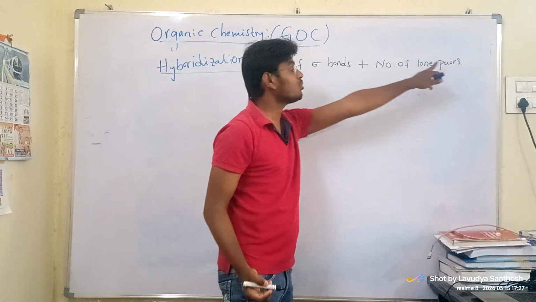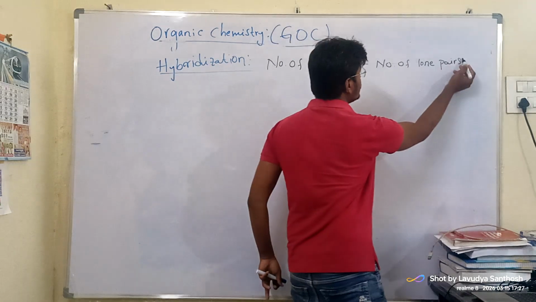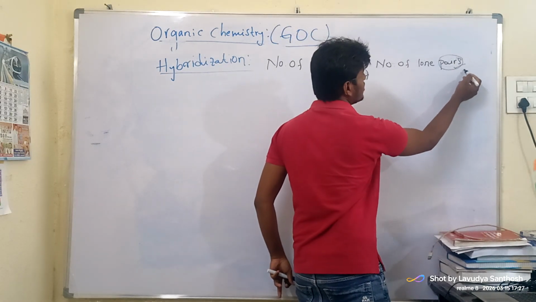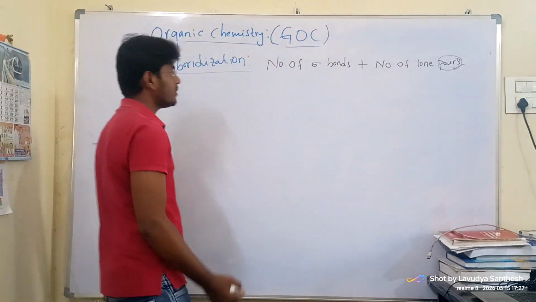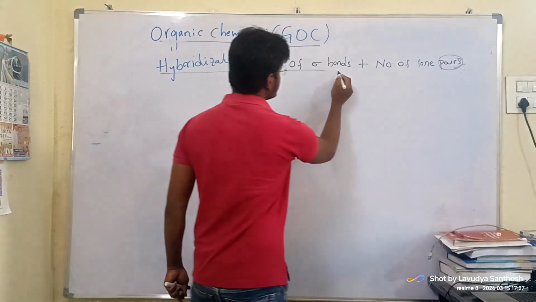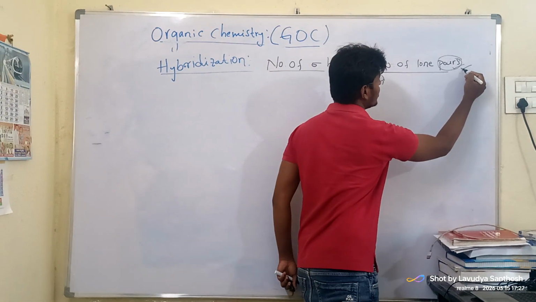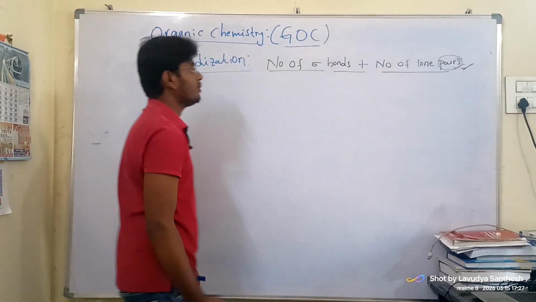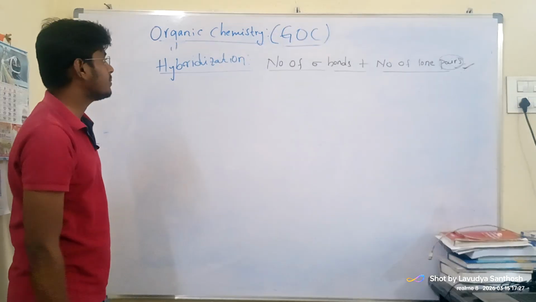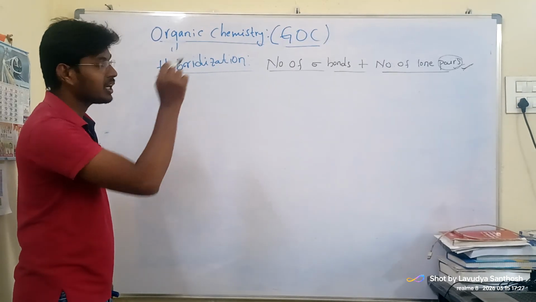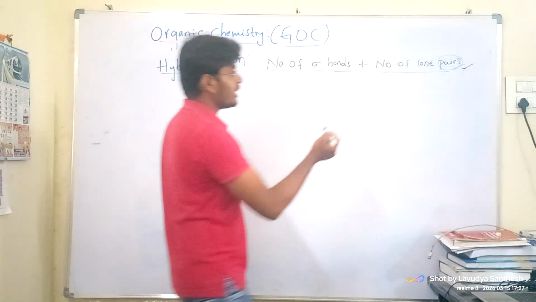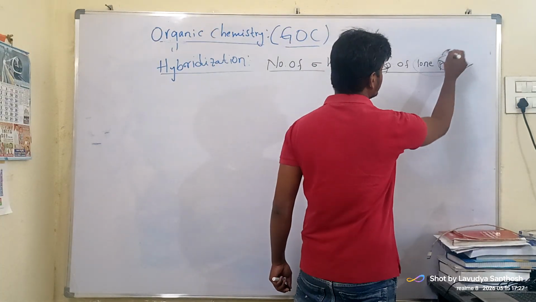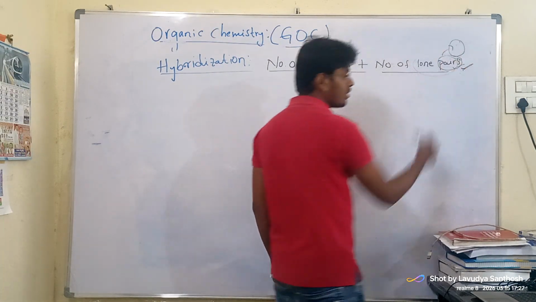Lone pair, only lone pairs. Here a pair is nothing but 2 electrons. Remember this carefully, this is a very important thing to remember, because most students count the electrons. A lone pair is nothing but 2 electrons, which make one pair.